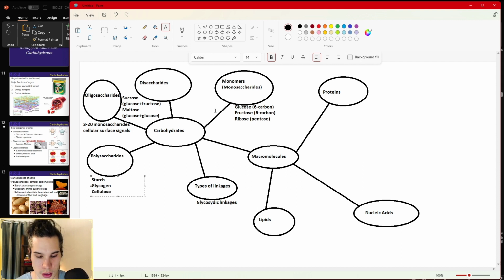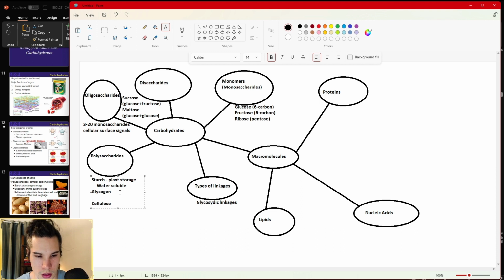Those are the three I cover in lecture. And what is starch? Let's add some detail here. That is going to be the way plants store sugar. So we'll just put plant storage. To add some more detail, it's water soluble, meaning it dissolves in water.